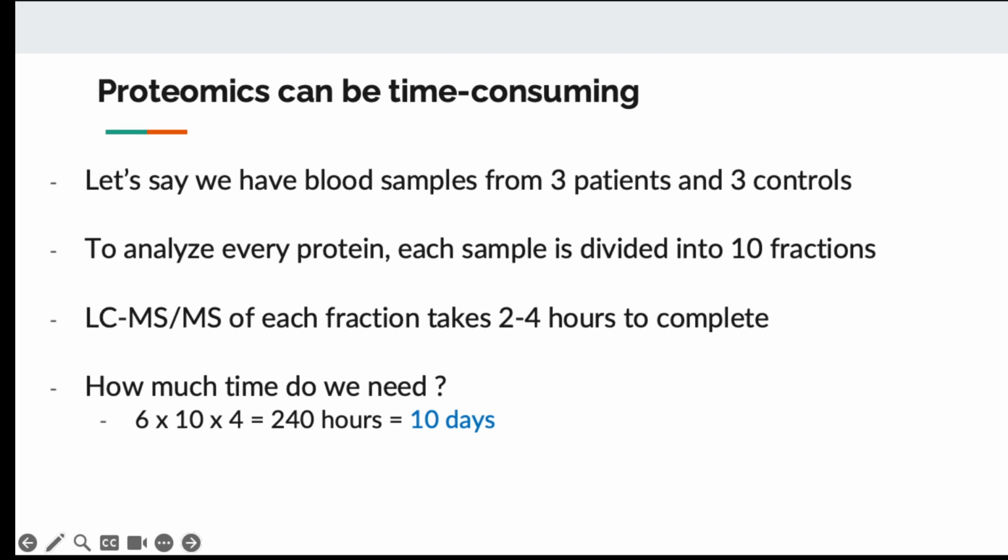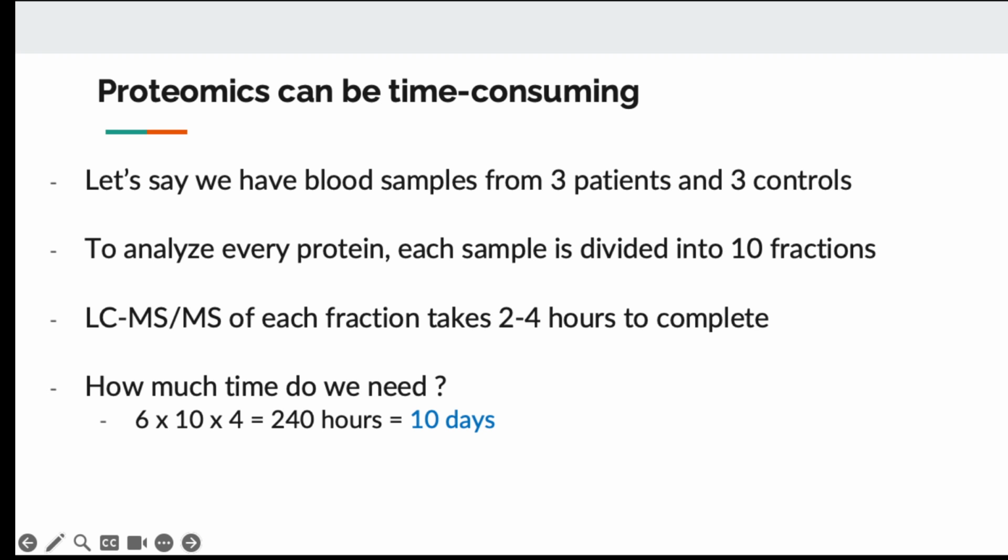To analyze every protein in human, we probably need to divide the sample into 10 fractions. Actually more, but 10 is like the minimum. And to analyze protein and peptide within each of these 10 fractions, you have to run the chromatography for 2 to 4 hours to separate out all the protein and peptide.